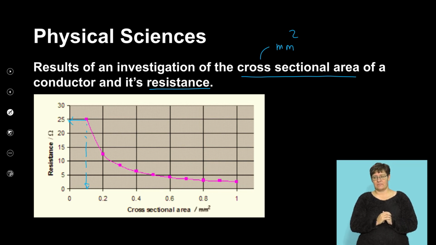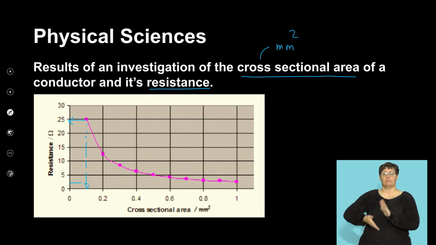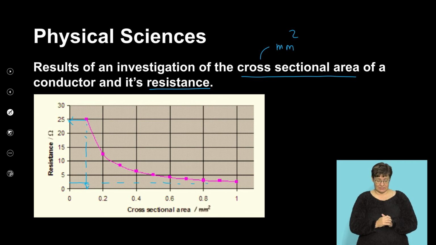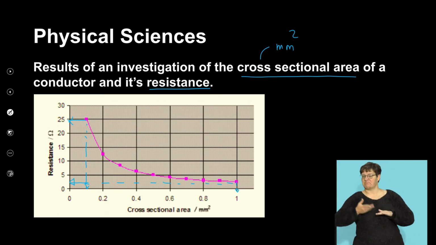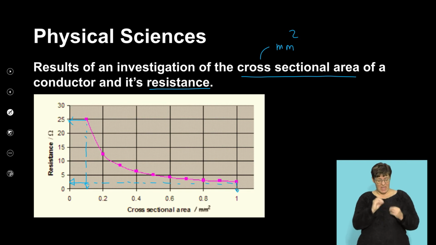And then again, the greater the cross-sectional area or the diameter, we can take that and put a dotted line. It takes us to that. So at a greater cross-sectional area, there is very low resistance. So is there a relationship that exists between these two? We want to ask ourselves that question.